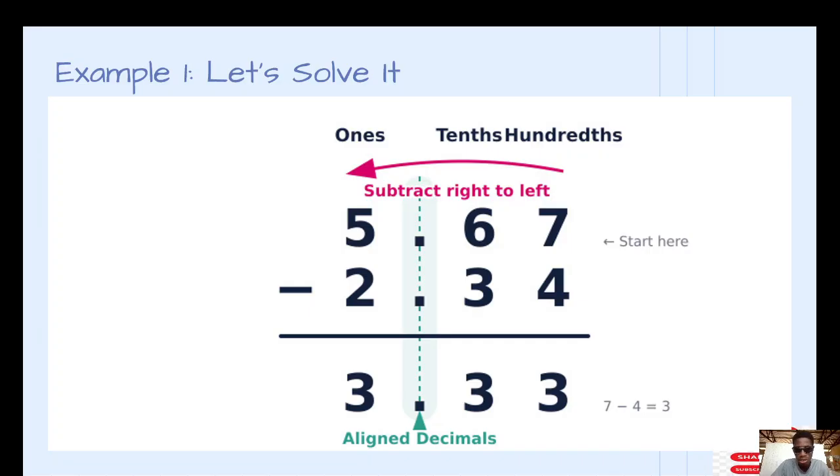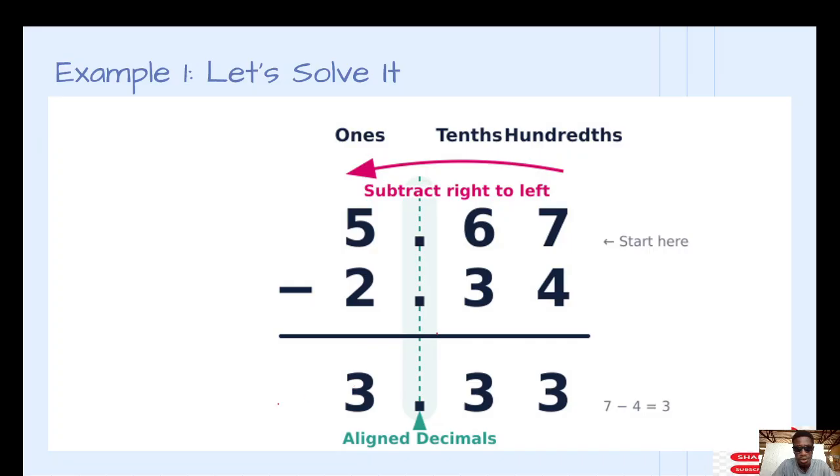So as the rule suggests, we need to what? First align the place values or the digits to their respective place values. We have the hundredths, we have the tenths, we have the ones in this particular example. So let's get right into it.